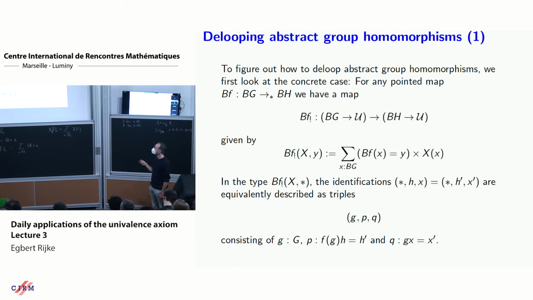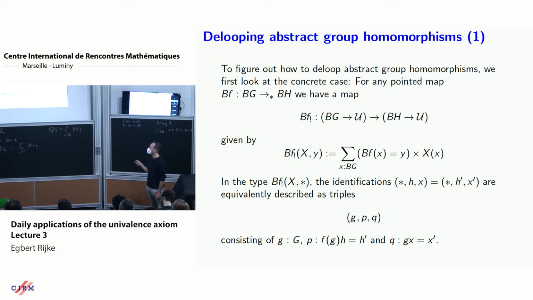So a group homomorphism from BG to BH is just a pointed map that we call BF. BG is the connected component of the principal bundle, which is a particular type, a G-type.